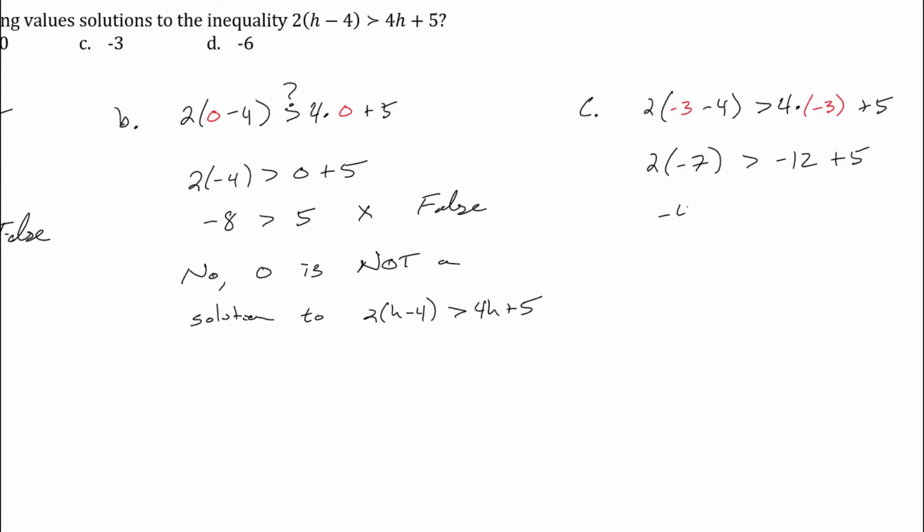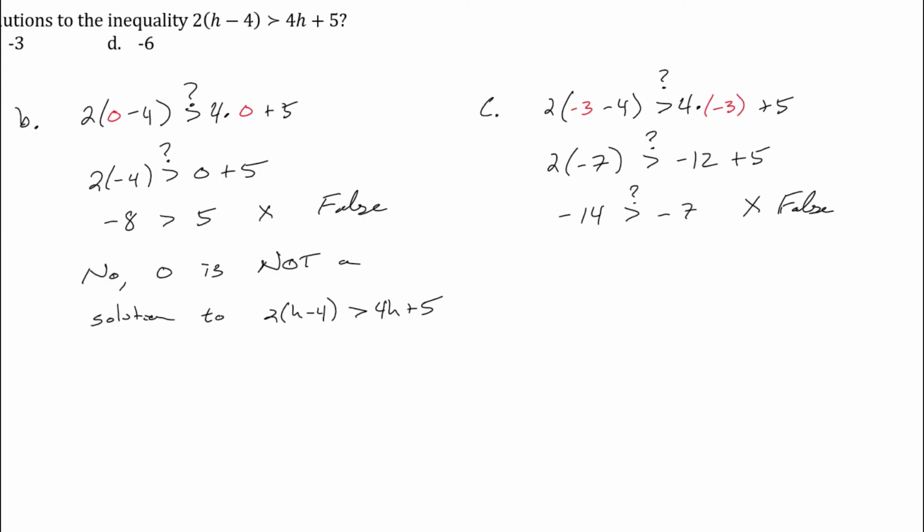Here I get negative 14 on the left. Is that greater? Then negative 12 plus 5 is negative 7. So still false. So no, negative 3 is not a solution to 2 times h minus 4 is greater than 4h plus 5.